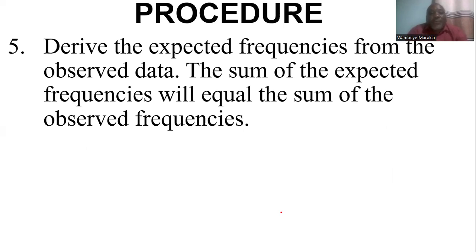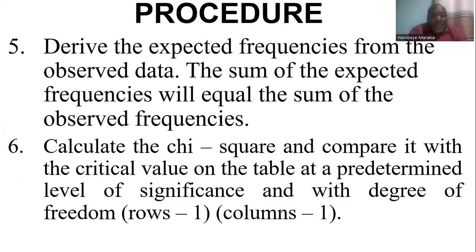We are on procedure number 5. Then we go to procedure number 6. We calculate the chi-square and compare the calculated value with the critical value that we get from the tables. In the table, we also look at the level of significance, and we consider the degrees of freedom.